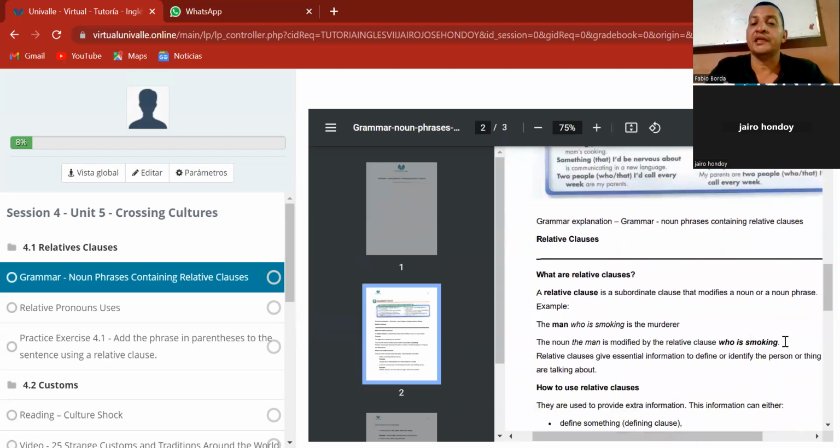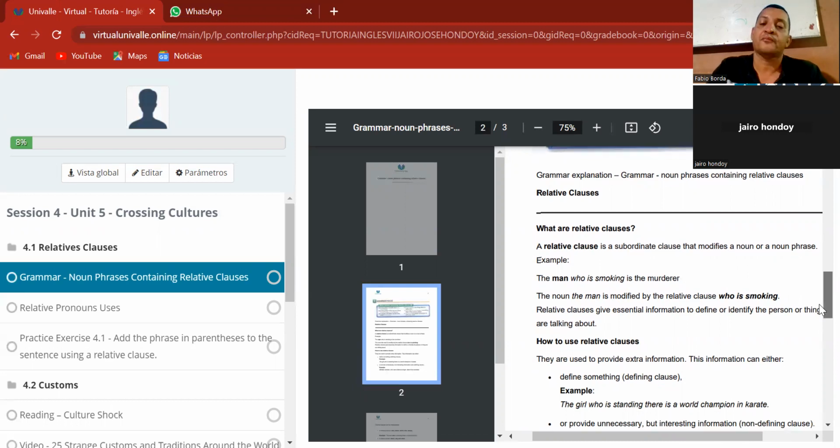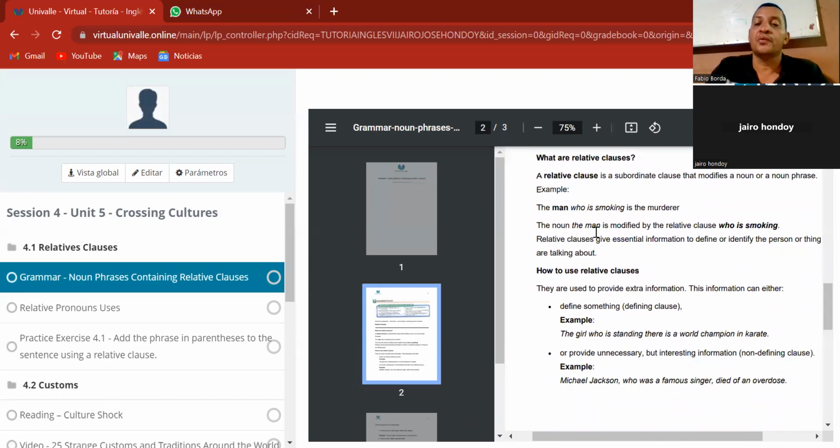Here you have more explanation. Grammar explanation: noun phrases containing relative clauses. What are relative clauses? A relative clause is a subordinate clause that modifies a noun or a noun phrase. Example: the man who is smoking is the murderer.